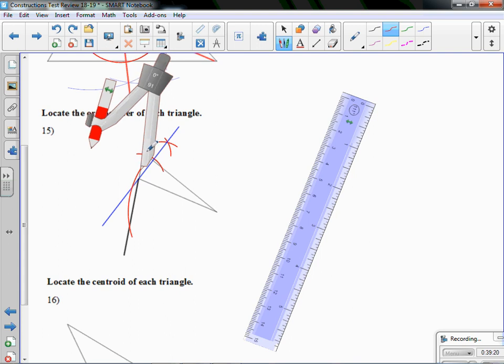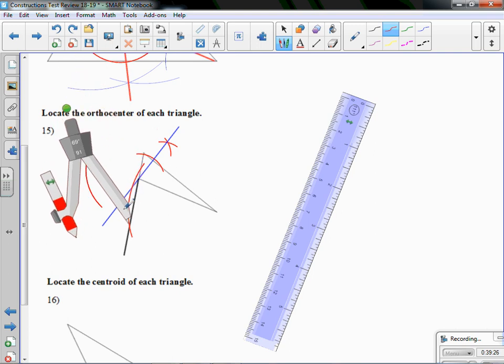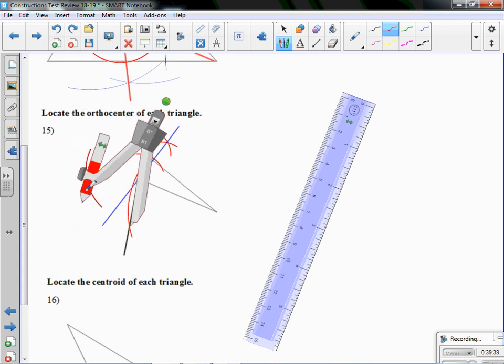Get it to line up. There we go. Let's make an arc. Go to the other intersection. Put the arc in that extension we put on the side there, and make an arc that intersects that one.